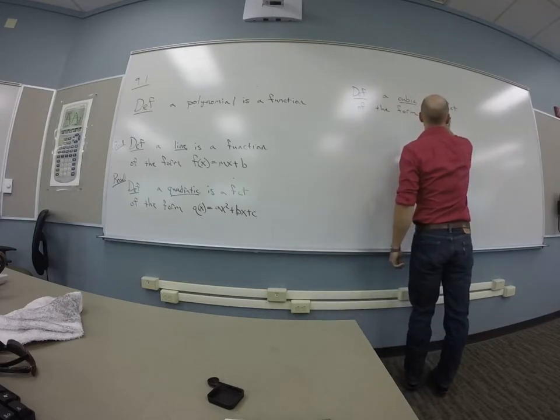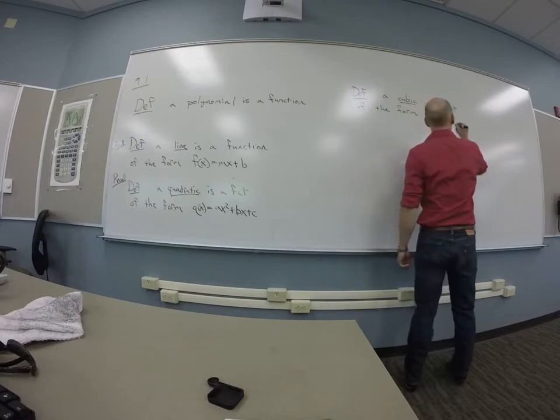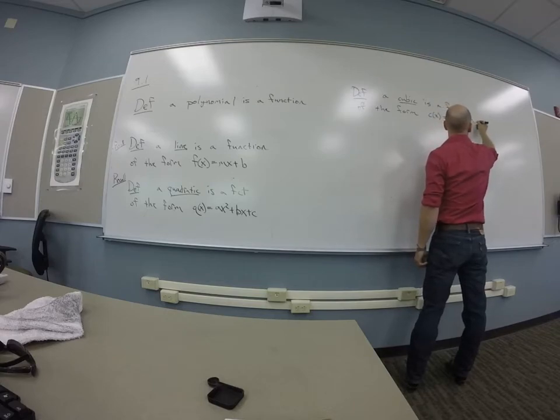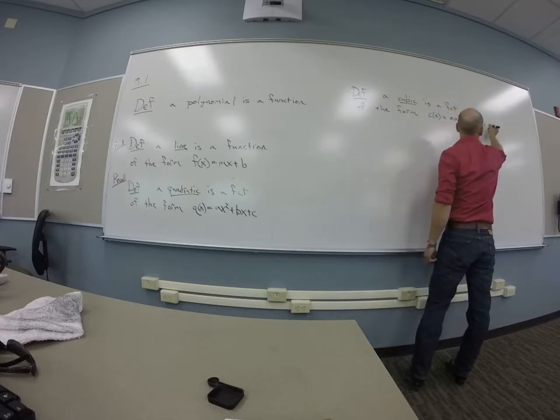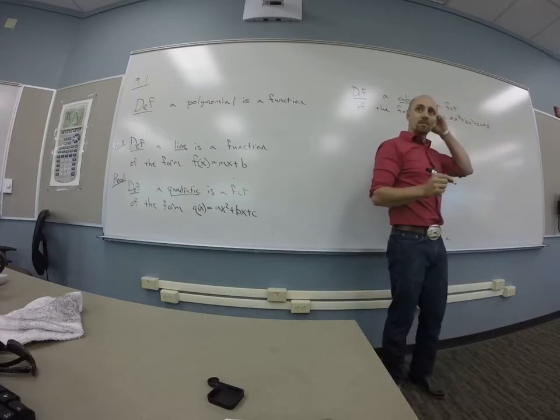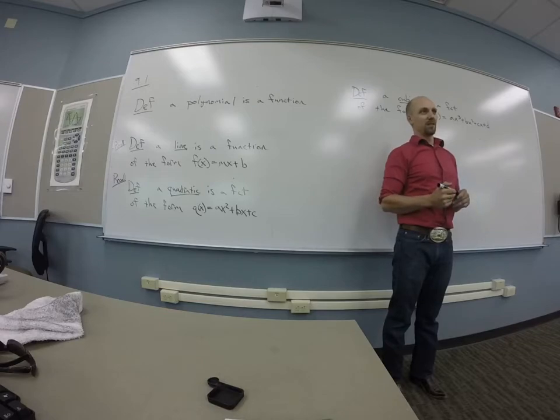I'm going to call this c of x for cubic. And that's going to look like ax cubed plus bx squared plus cx plus d. You guys see the kind of trend here?